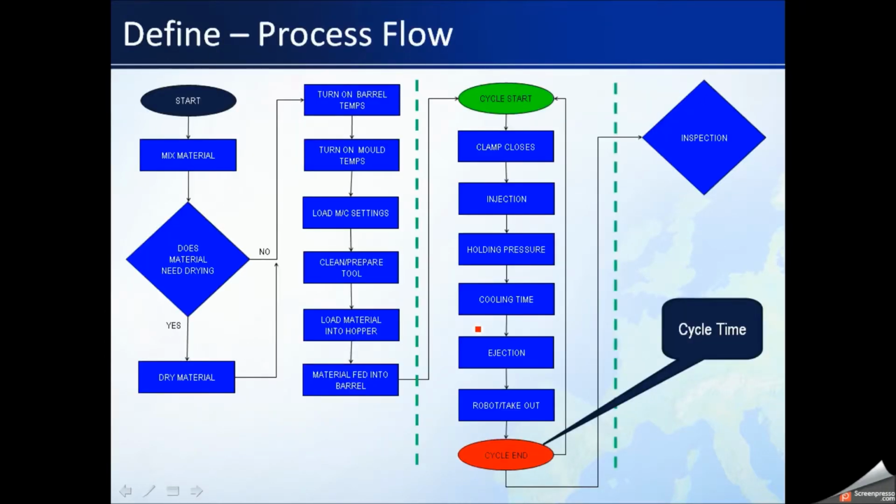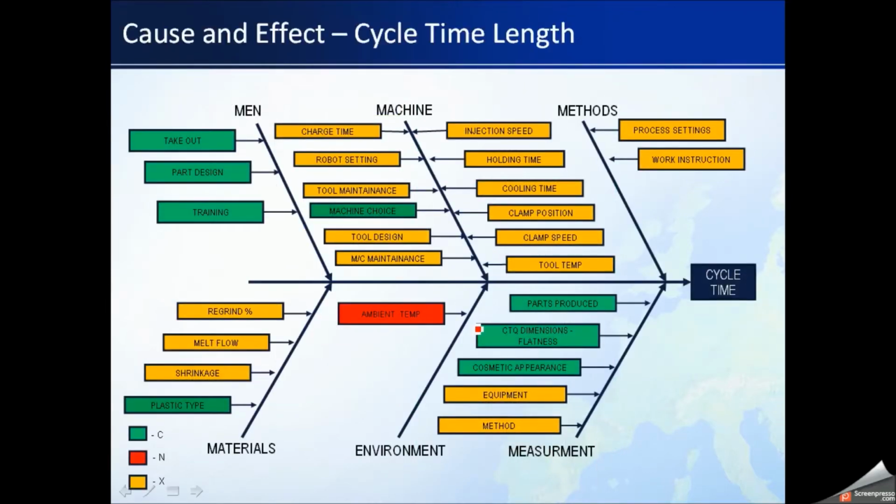So some basic analysis first of all, process flow. Here's the current process, and using the flow diagram, we're going to discover all the variables in the process. Is the process under control? This is the current state.